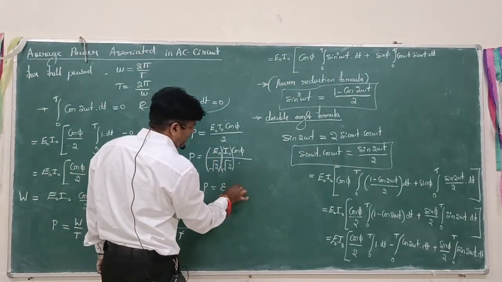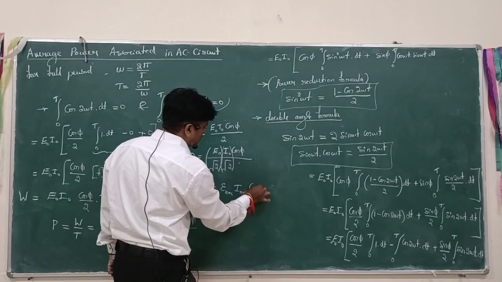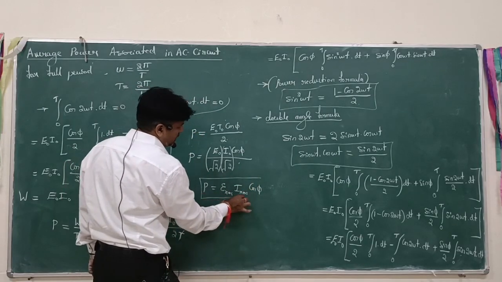Next, this is E RMS into I RMS into cos phi. We need this expression.